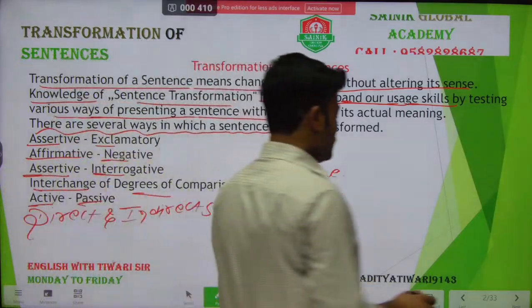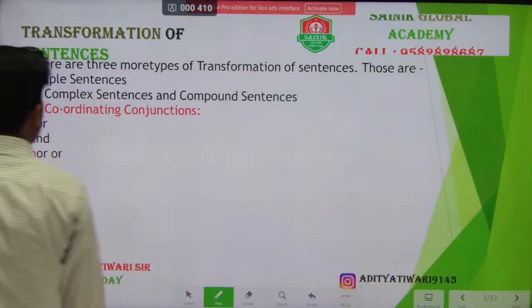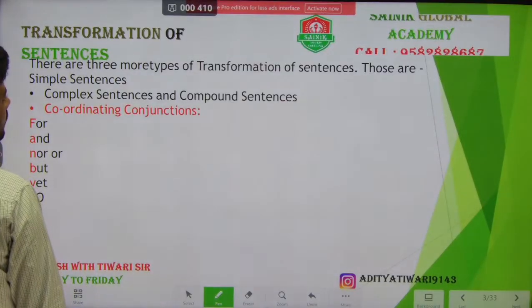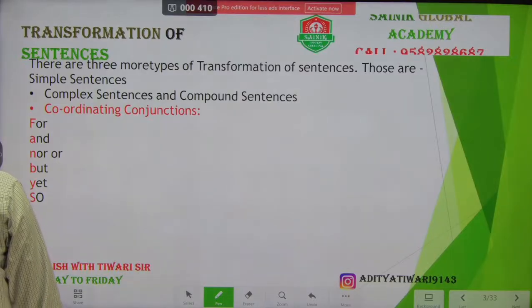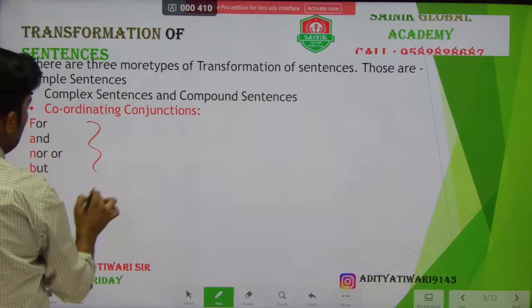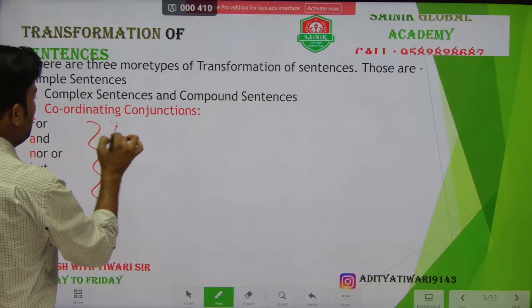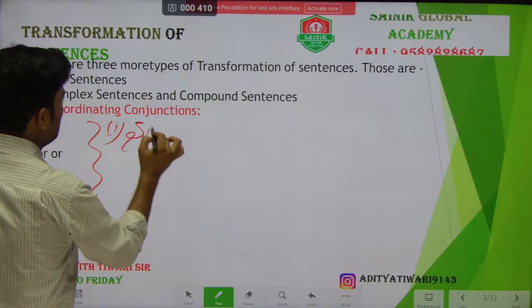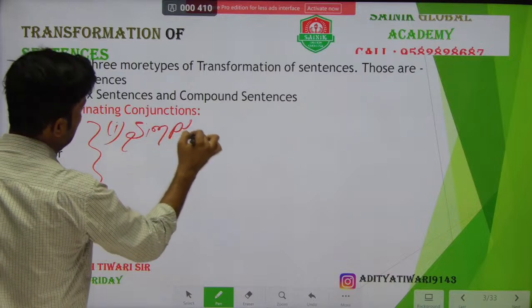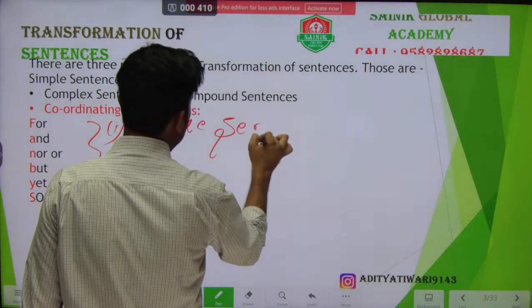Now, first of all, there are three more types of transformation of sentences: simple sentence, complex sentence, and compound sentence. In transformation of sentences, we need to study three things. The first is simple sentences, which I will teach you right now.